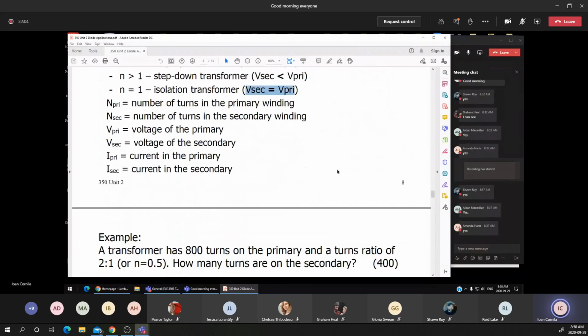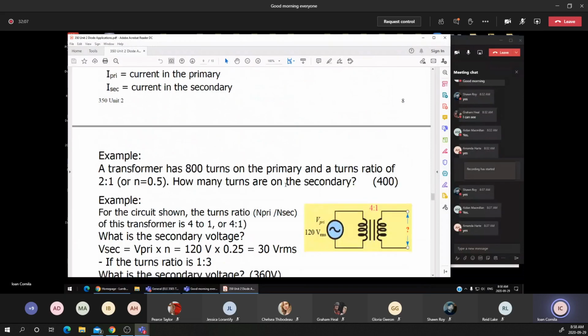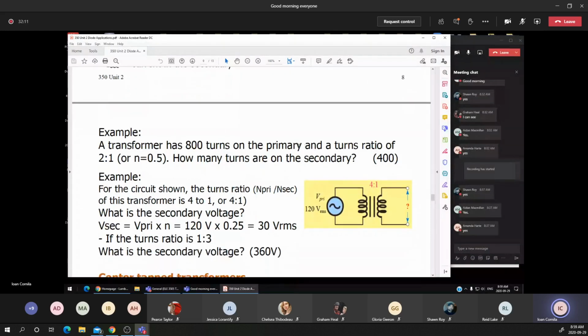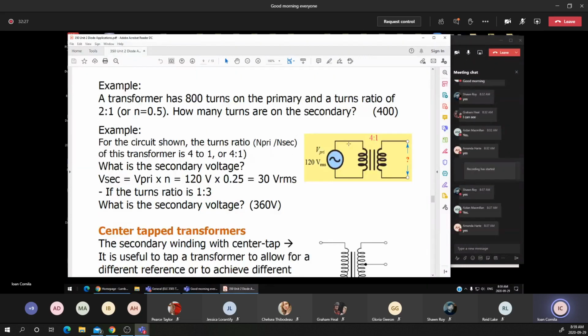In the first example, I have a transformer that has 800 turns on the primary winding and a turn ratio of 2:1. Now, the question is, again, how that turn ratio is expressed. Usually, the turn ratio is expressed as 1:X or X:1. That's the general rule for using the turn ratio.